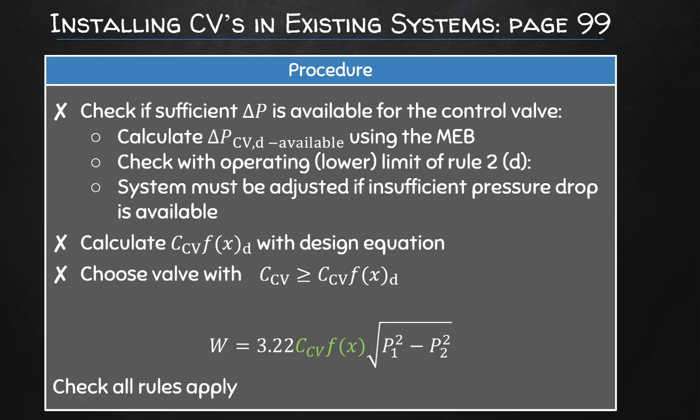Now, in this case, if it is not, you should of course adjust your design, but if it does, then you can go on and calculate the following terms using the design equation, and then choose a control valve CV that is larger than this term, or these terms together.